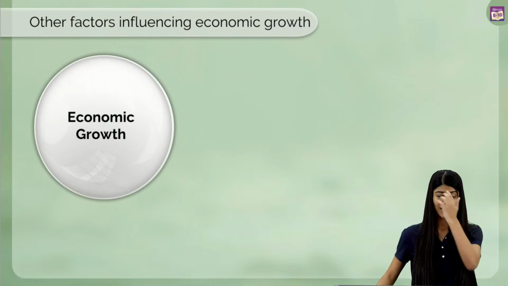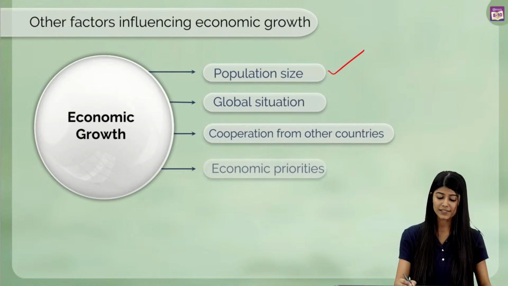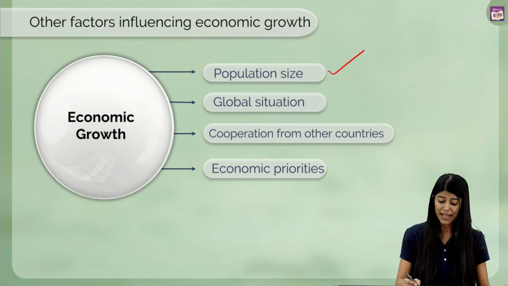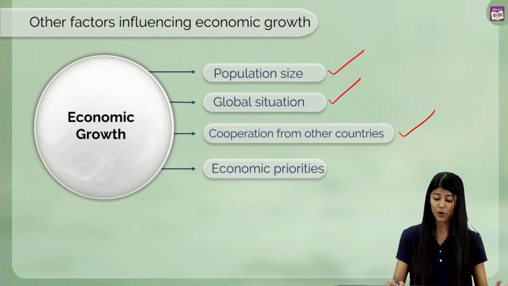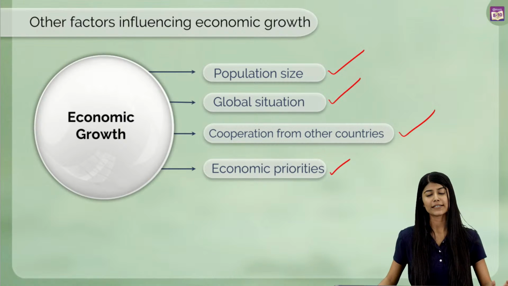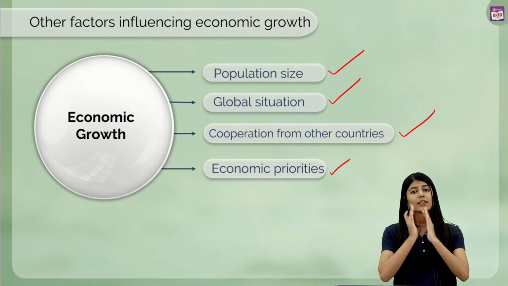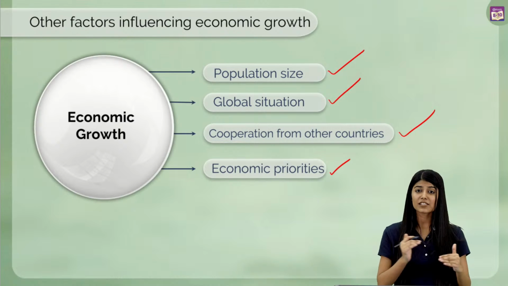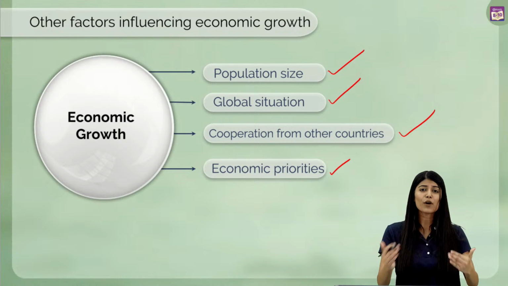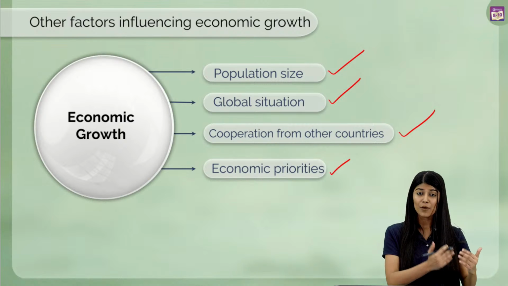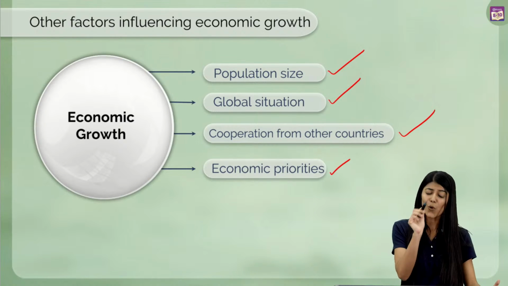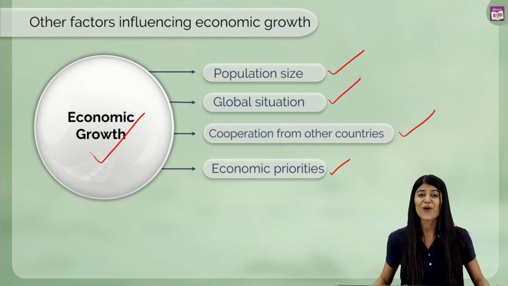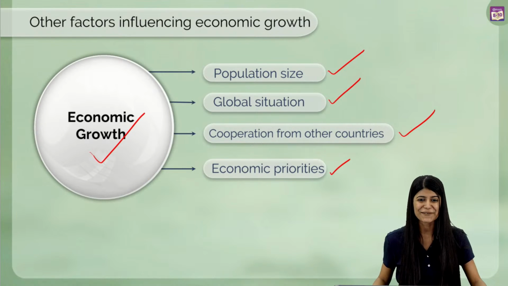First is the population size, then we have the global situation like world trade, then cooperation from other countries, and the fourth one is economic priorities, which means what factor the particular democratic system of government is spending on. Is it spending on defense more than on education or healthcare? That particular percentage will also affect the economic growth.